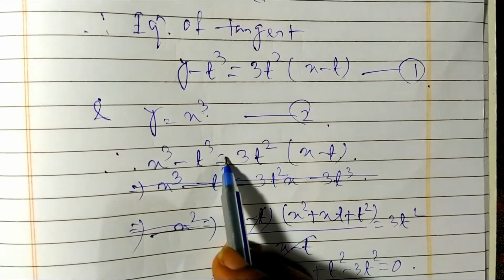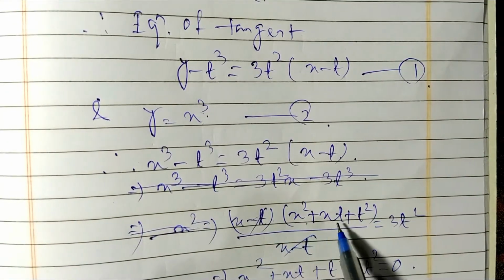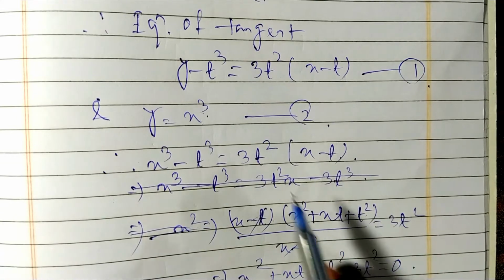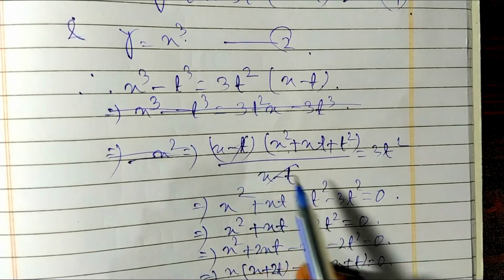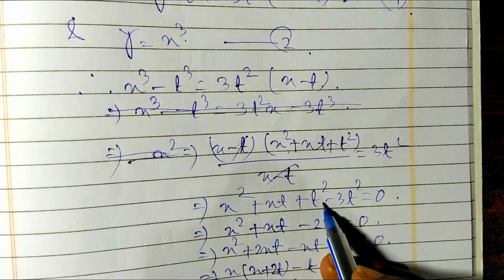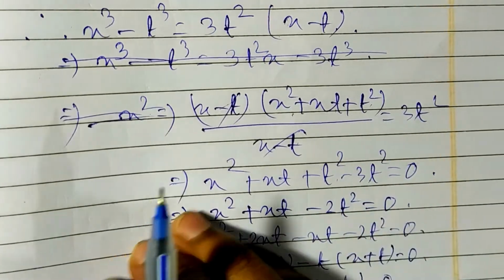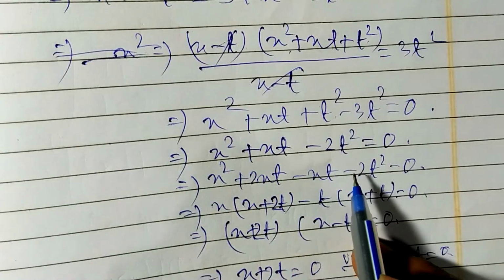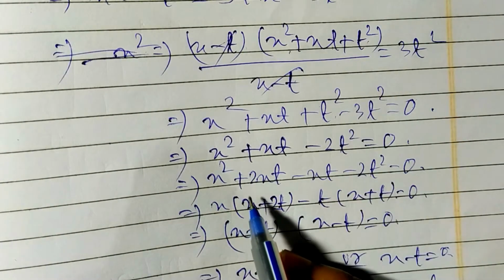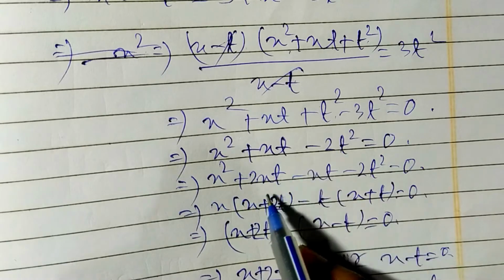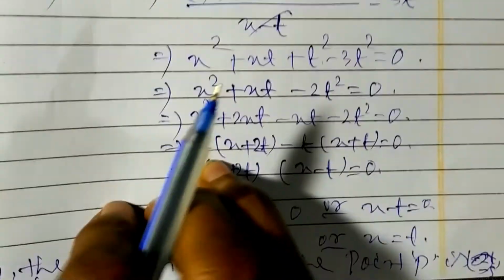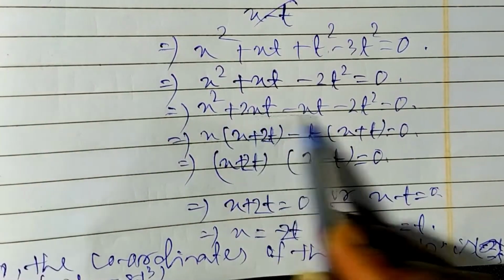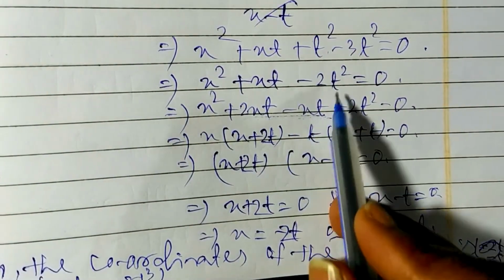The a cube minus b cube formula is a minus b whole into a square plus ab plus b square. Dividing by x minus t, we get x square plus xt plus t square is equal to 3t square. Now x minus t will cancel, so x square plus xt plus t square minus 3t square is equal to 0. That means x square plus xt minus 2t square is equal to 0. So it became x square plus 2xt minus xt minus 2t square is equal to 0, because 2xt minus xt is equal to xt, and 2xt into minus xt gives minus 2t square.